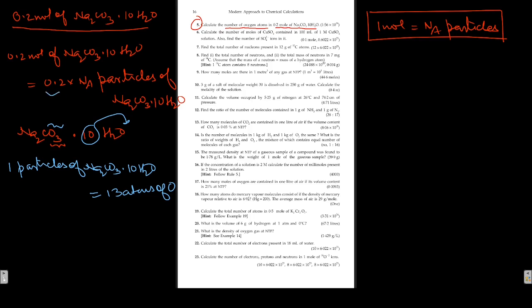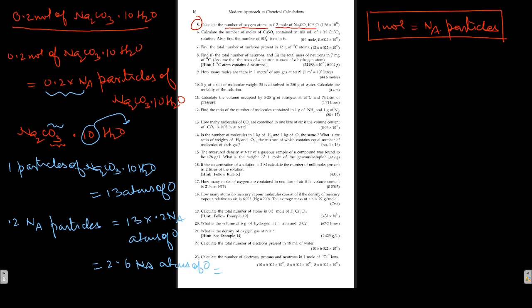So we calculated here 0.2 Na particles. They will contain 13 into 0.2 Na atoms of oxygen. It is 2.6 Na atoms of oxygen.